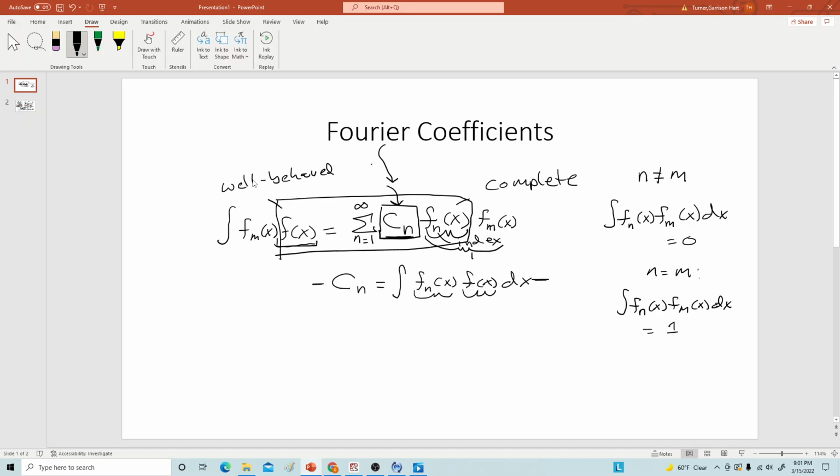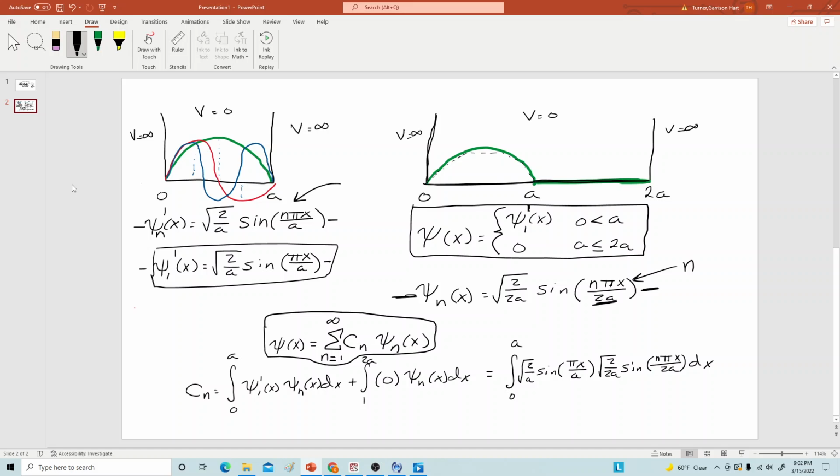So to find the coefficients, you just multiply both sides by the indexed function from your complete set for each value of n from 1 to infinity and integrate, and that will be the coefficient.